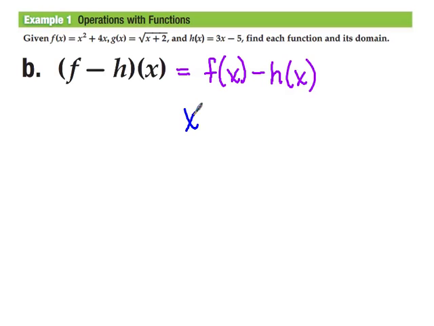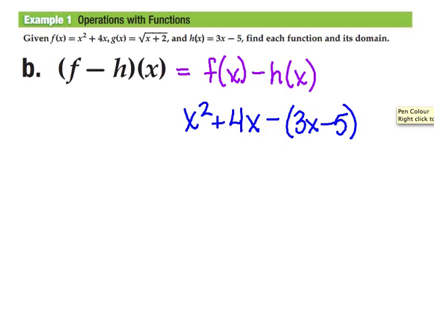So x squared plus 4x, and then what? 3x minus 5. Now here's my problem, is that I've got that negative sign outside and I've got like terms. So I need to distribute that inside. Okay? And what will my final answer be? Okay, so that's my answer.